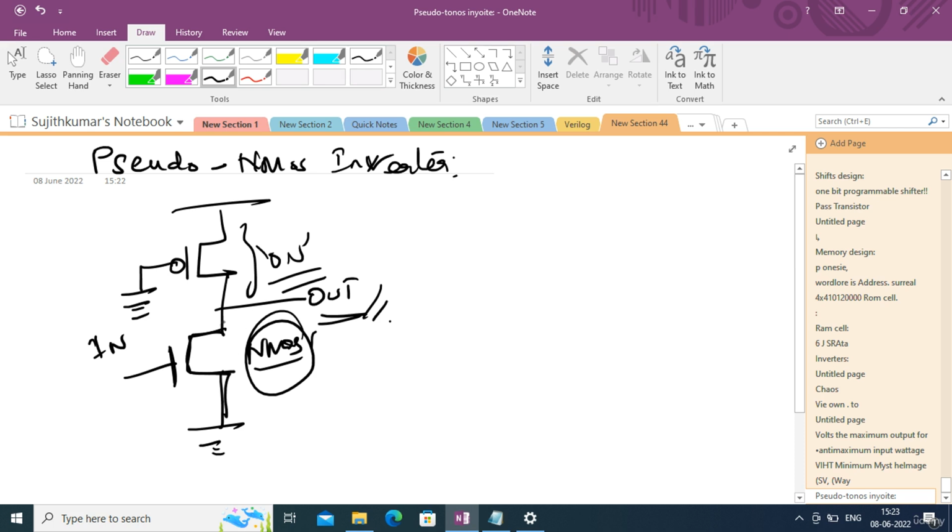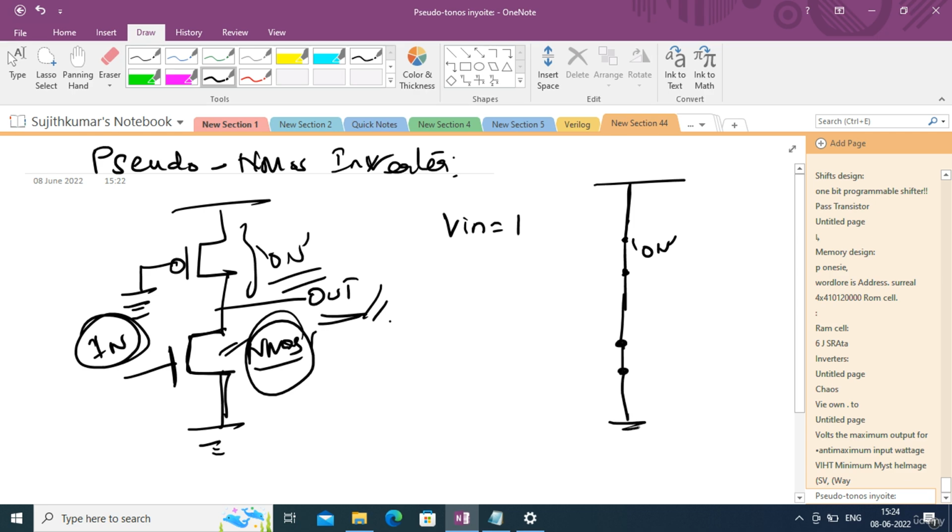And when you look at the operation of this inverter, when you are making the input as 1, PMOS is grounded, right? So it is always on. So there is a virtual short here, that is always on. And since you have made the input as 1, the NMOS is also on.